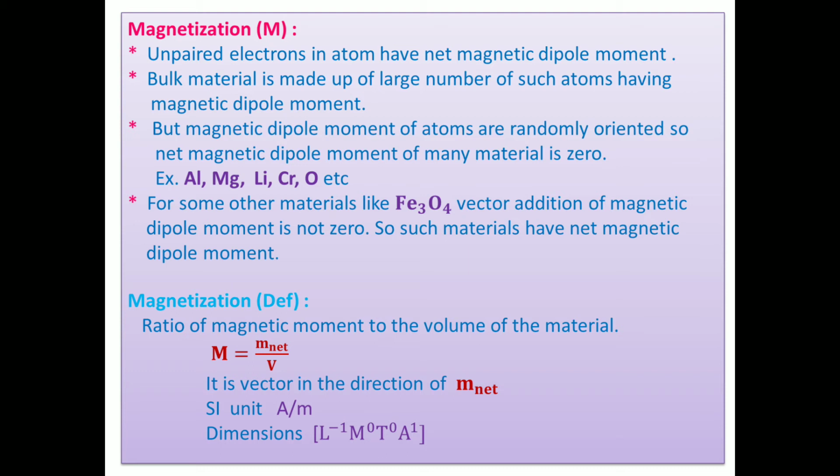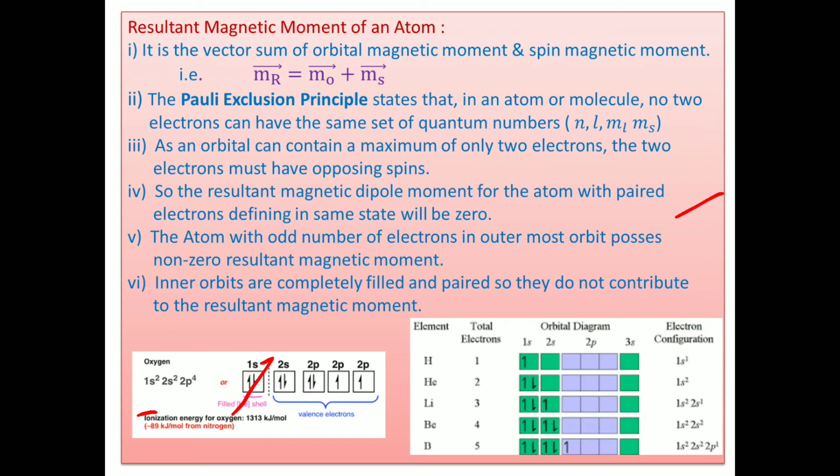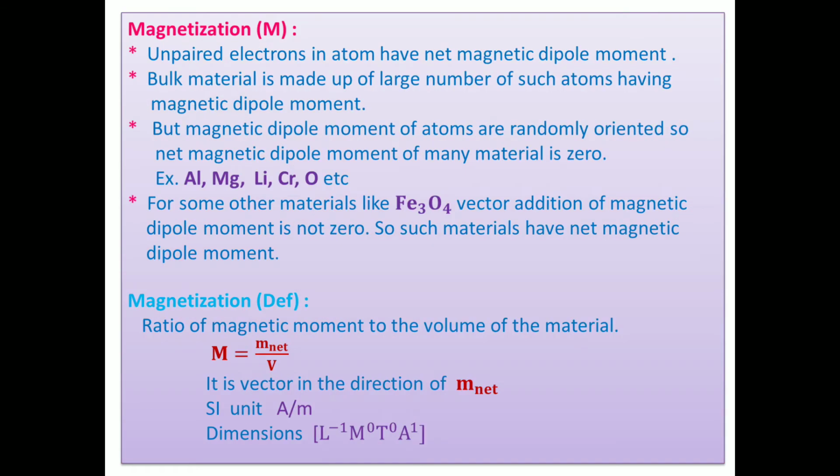Unpaired electrons in an atom give a net magnetic dipole moment. Here in this figure, you see the unpaired electrons in hydrogen, lithium, boron. The bulk material is made up of a large number of such atoms. Suppose we consider the example of lithium: there is an unpaired electron, so it possesses a net dipole moment.